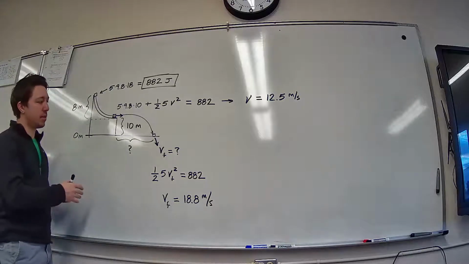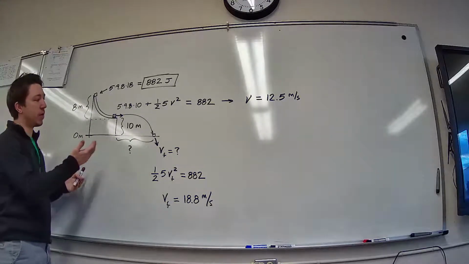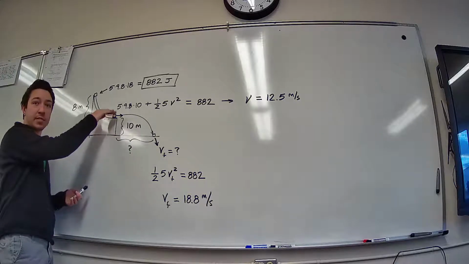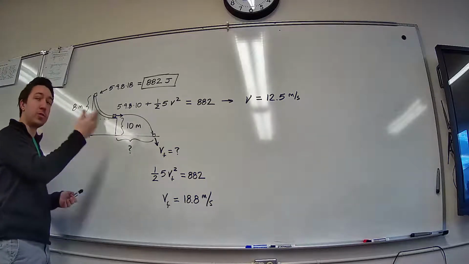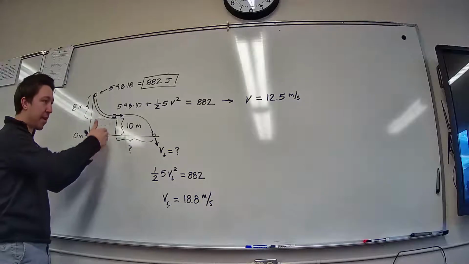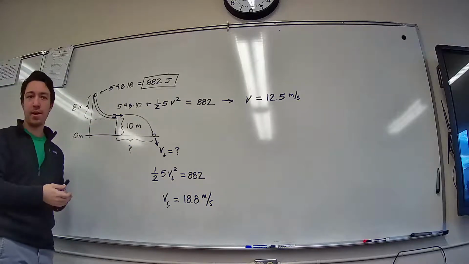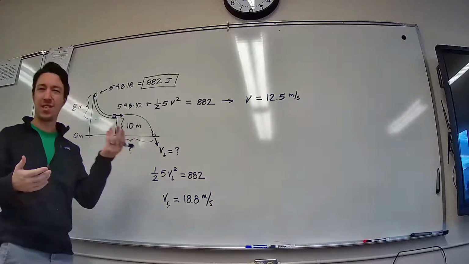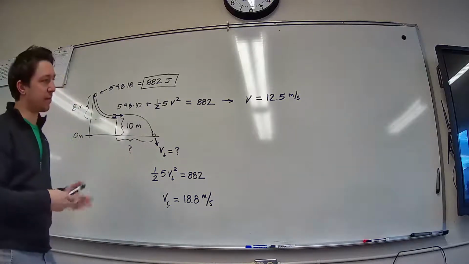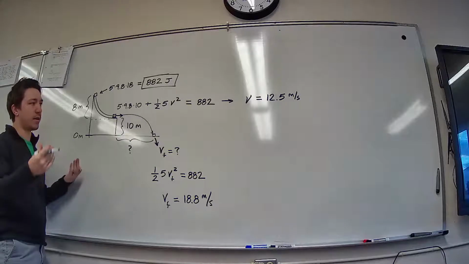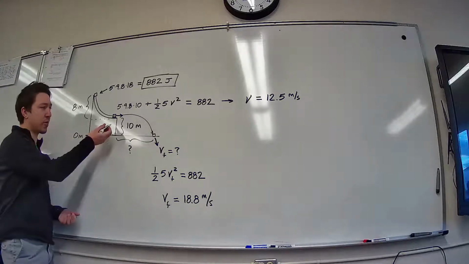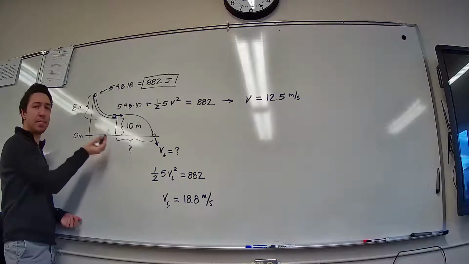If you understand things, you can go, well, I have to know how much time it's going to take for this thing to fall. And then I can just use that time value I find to calculate how far it would travel during that time. And then once you know that, you can look up a formula, right? Does that make sense? It's not about memorizing the formulas, it's about understanding what kind of quantities to look for in this scenario. So anyway, I have to ask the question, how long does it take something to drop 10 meters?